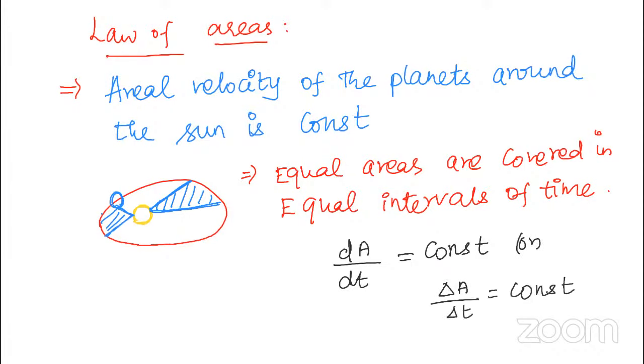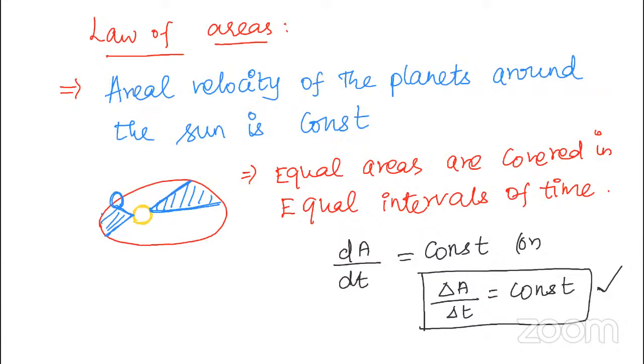In those problems they ask for the aerial velocity of the planets around the sun. The options are constant, it is 0, it is maximum or minimum. There are 4 options given. Only if we know the relation can we answer those questions.